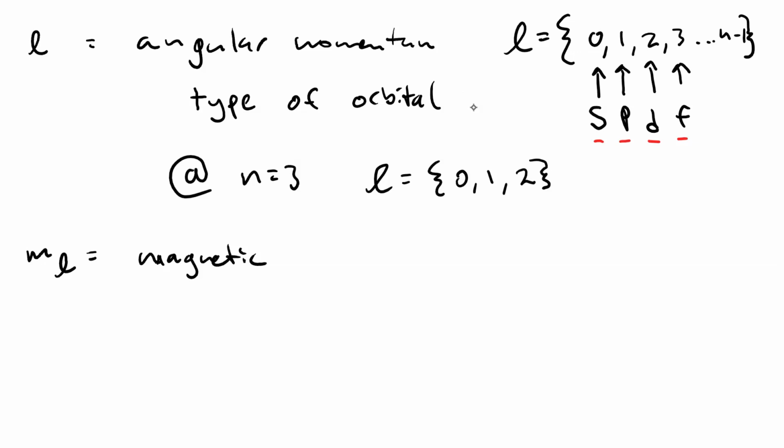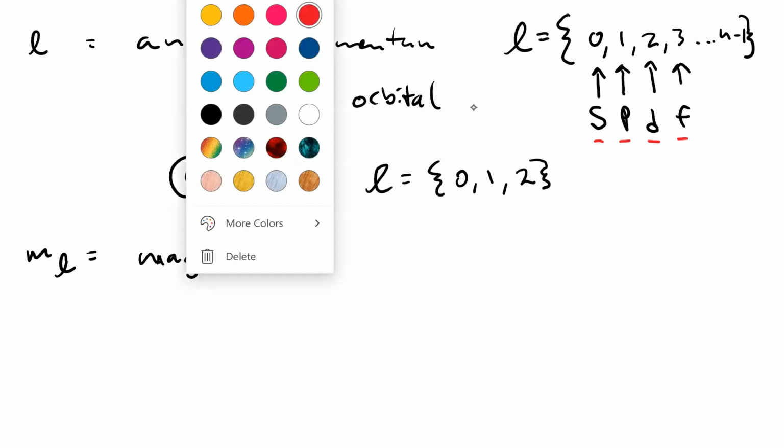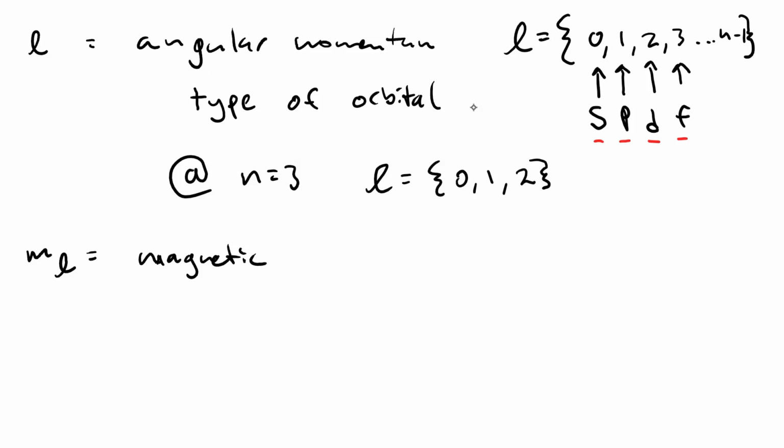What the magnetic quantum number tells us is the spatial orientation of the orbital. The possible values of the magnetic quantum number, M sub L, depend on the value of L that you're dealing with.